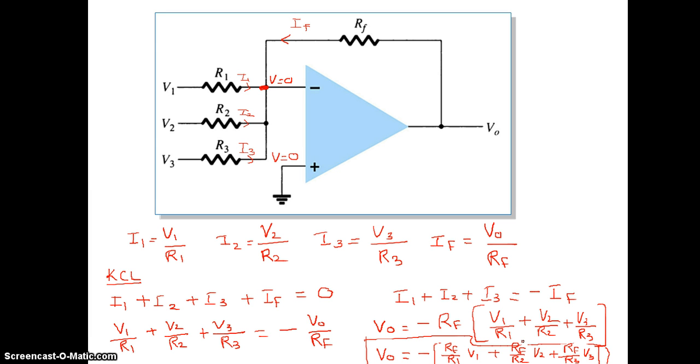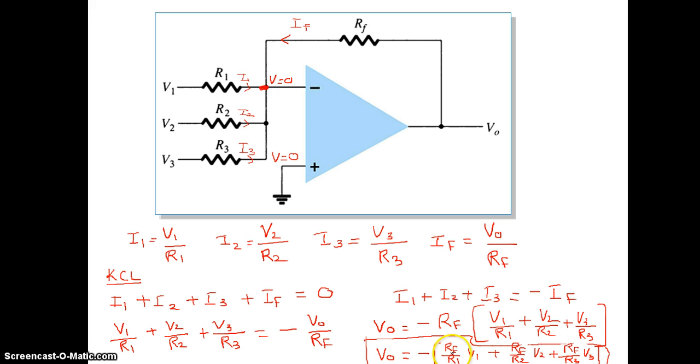So V out is equal to minus RF by R1. Listen here, this minus is because of the inverting terminal. RF by R1 is the gain of the first branch multiplied by that voltage, plus RF by R2 is the gain of the second branch multiplied by that voltage, plus RF by R3 is the gain of the third branch multiplied by V3.